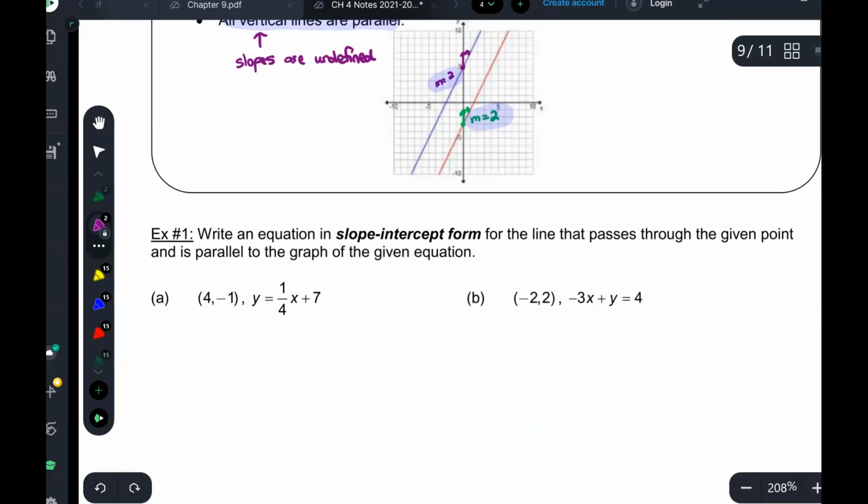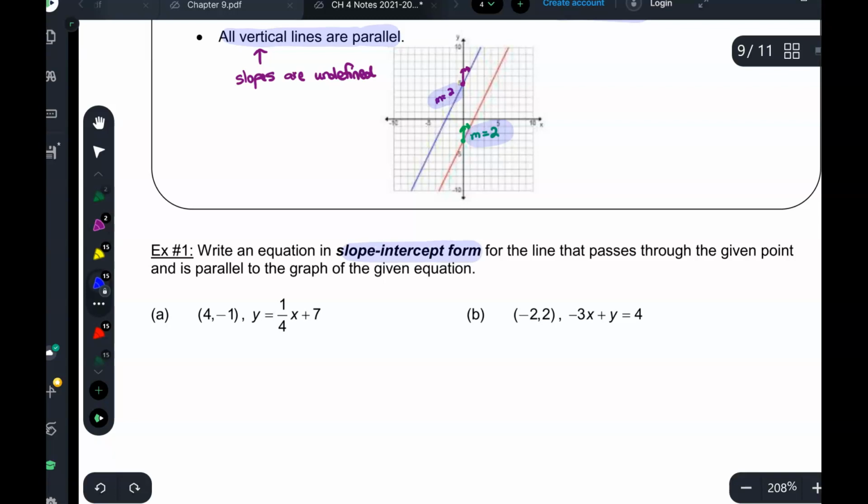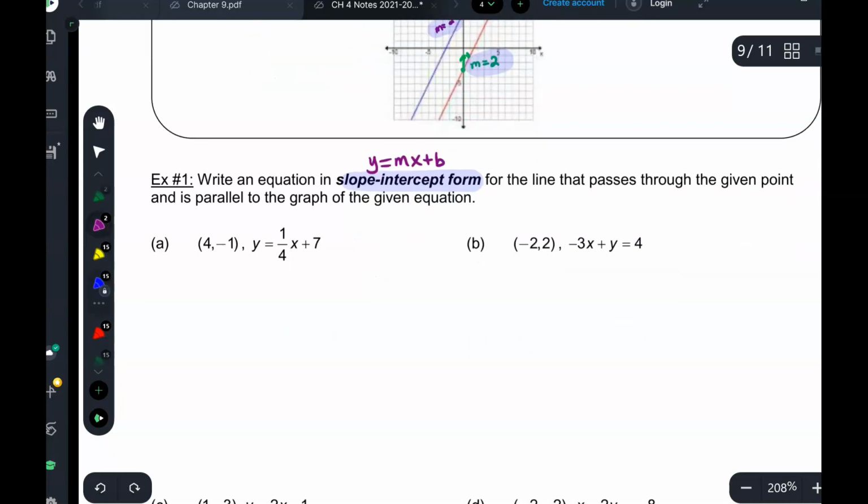All right, let's take a look. We want to write an equation in slope-intercept form. Who can remind me: y equals mx plus b. The equation passes through the given point and is parallel to the graph of the given equation.